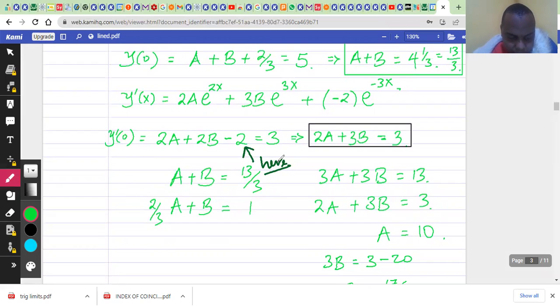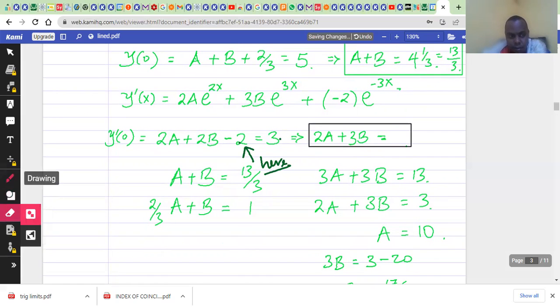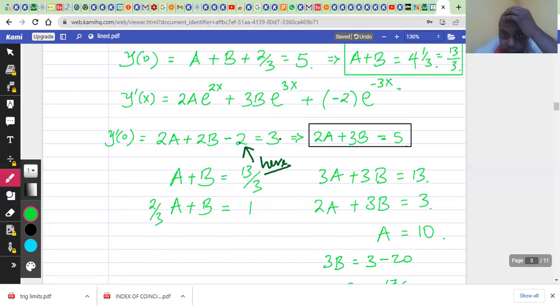Yeah, there was a -2, meaning that if we added it to the 3, this should have been a 5. And then the 2B, this should have been a 5, right? Yeah. And the 3B should be 2B.